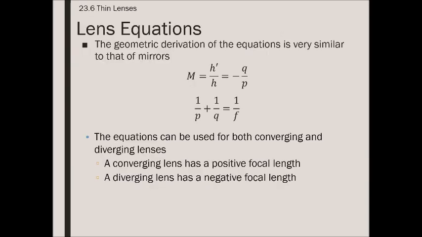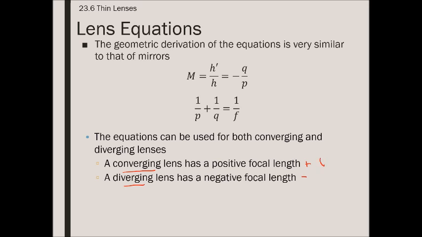So the lens equations should look familiar. They're exactly the same as the ones we used for the mirror equations, and we don't have to change the signs or anything, because the definitions of the signs we're going to use are slightly different for these versus what we did for mirrors. So a converging lens will have a positive focal length, and a diverging lens will have a negative focal length.